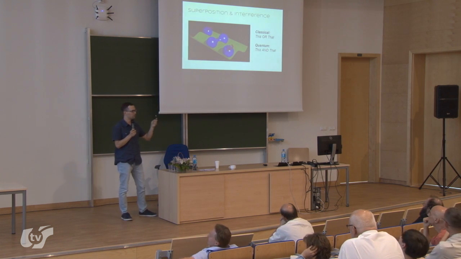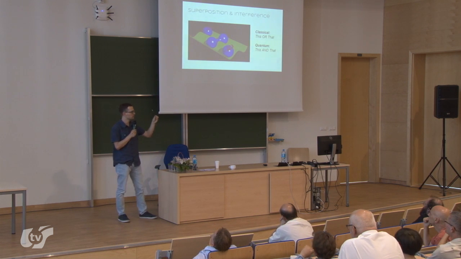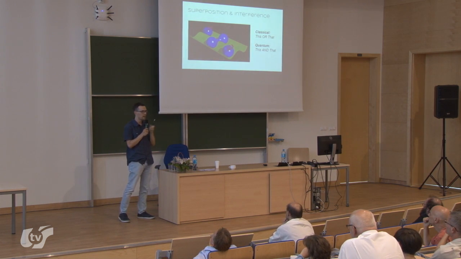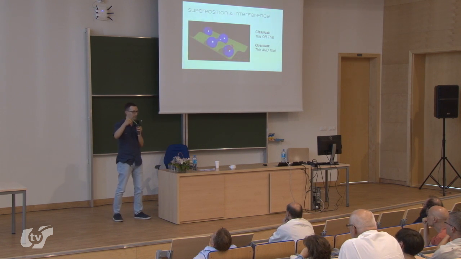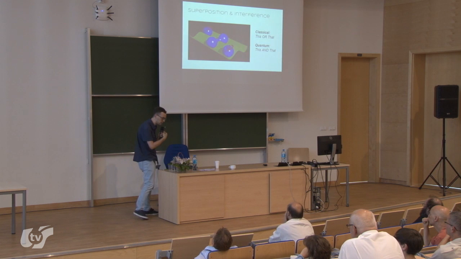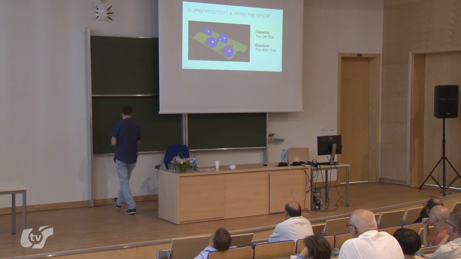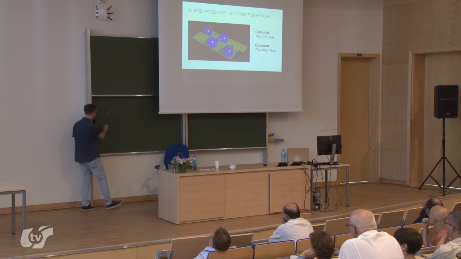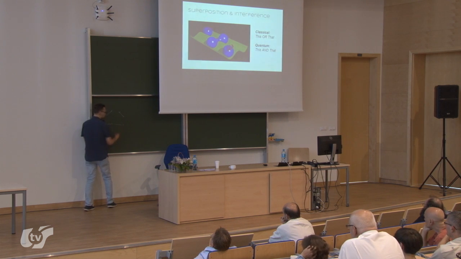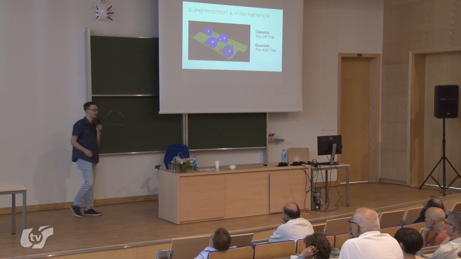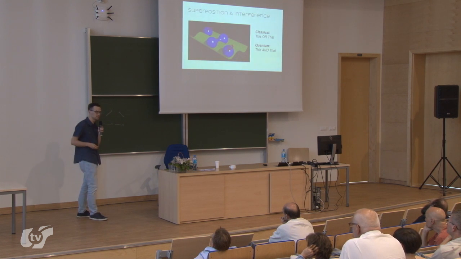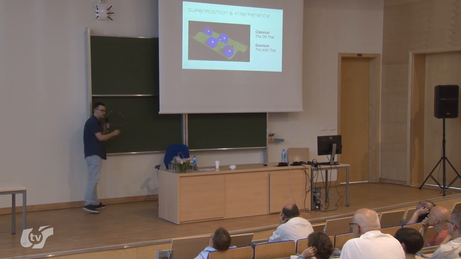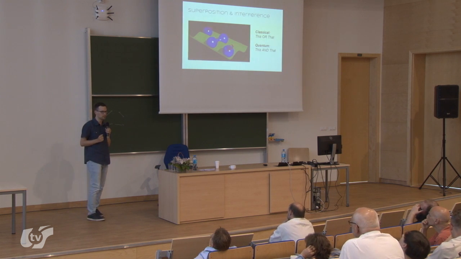So we have a position state here, and another position state here, and these states can have different signs, different phases. How does it look? If I draw these two arrows, and they are in the same direction, we say that they are in phase. They add together, and we call it constructive interference.